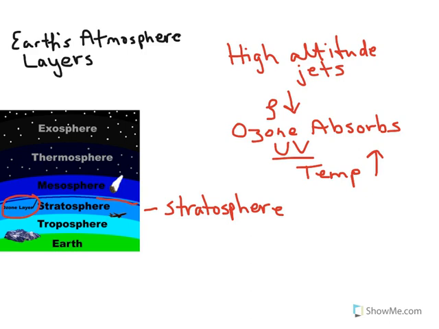Because the topmost part of the stratosphere is where the ozone is most concentrated, and that's where most of the ultraviolet light gets absorbed. So that's going to be the hottest part of the stratosphere. And as you travel down through the stratosphere, there is less and less ozone, and less ultraviolet is being absorbed. And so it gets cooler as you go down rather than warmer. So that is our stratosphere.